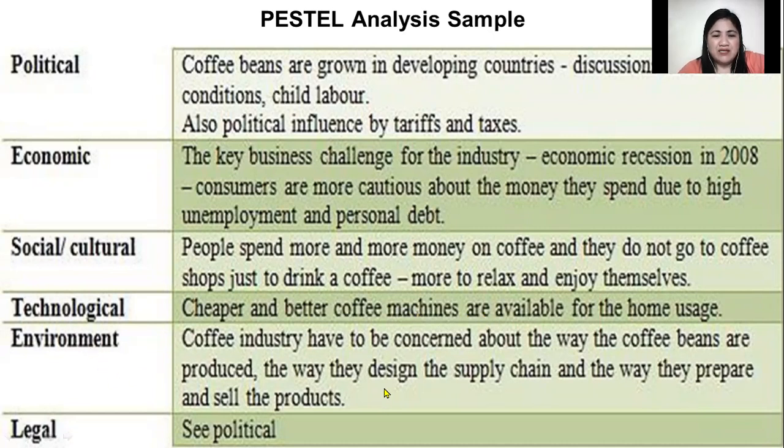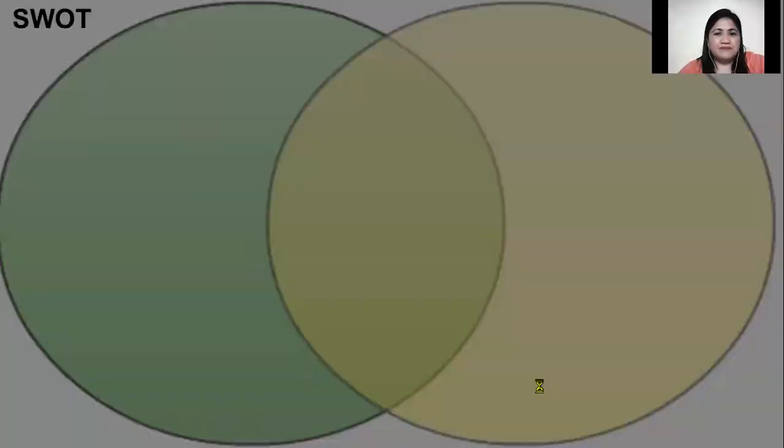Environmental, coffee industry have concerned about the way coffee beans are produced. So yung supply na posibleng kuhanan mo ng mga raw materials mo, tinitingnan mo kung meron kang problema. Legal, naka-integrate na ito, kaya sabi ni political, tariffs and taxes are within the legal boundaries. So yan po yung example ng PESTEL analysis.